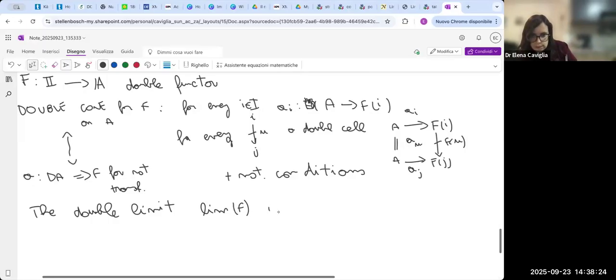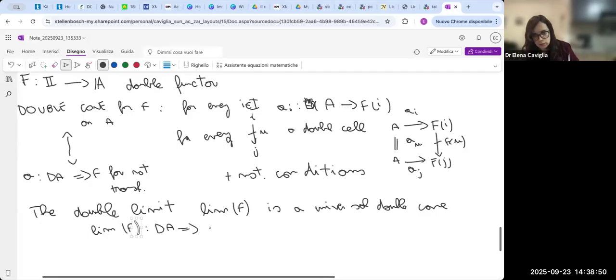So lim F corresponds to a natural transformation from delta A into F, so it's a cone, plus a universal property.